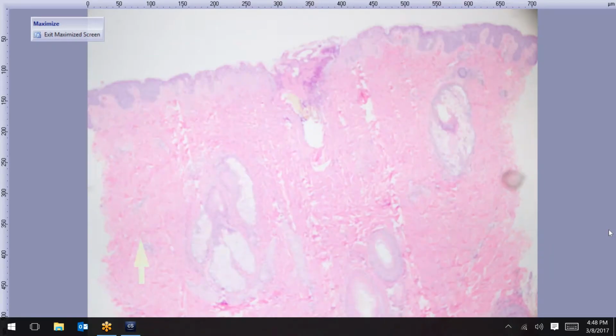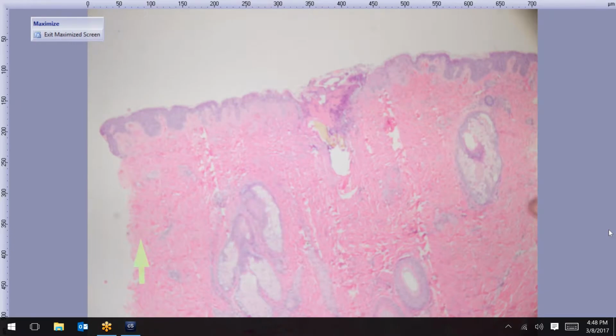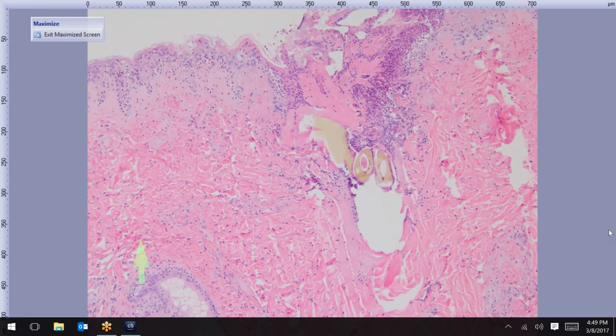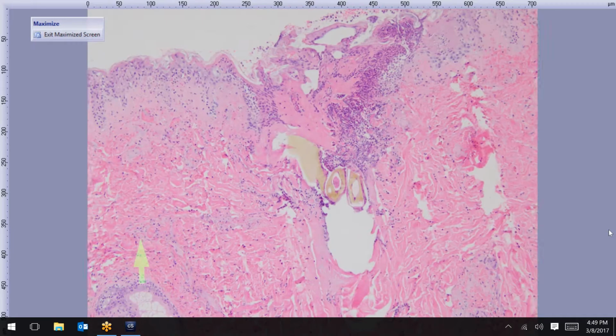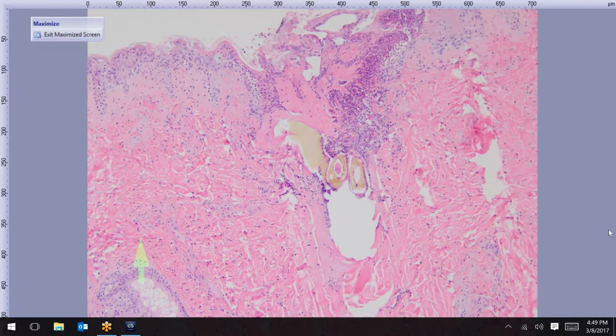This one's just kind of for fun, if this is your idea of fun. Got this large, I don't know, this must be like a 6mm punch biopsy or something, and they had this kind of foreign material right in the middle of it.